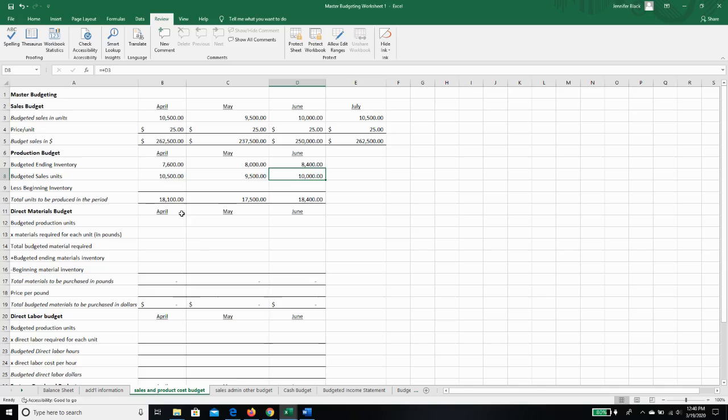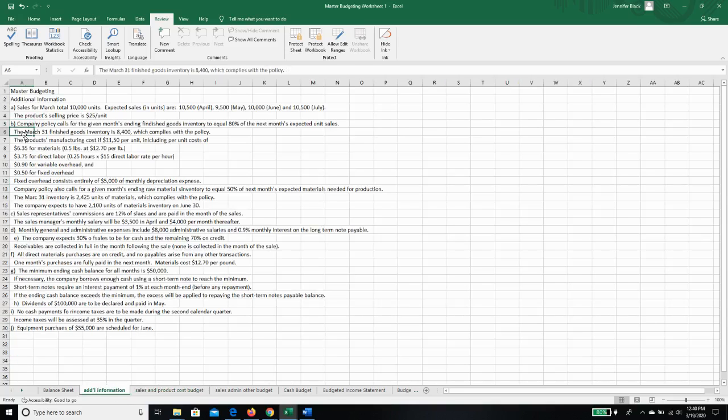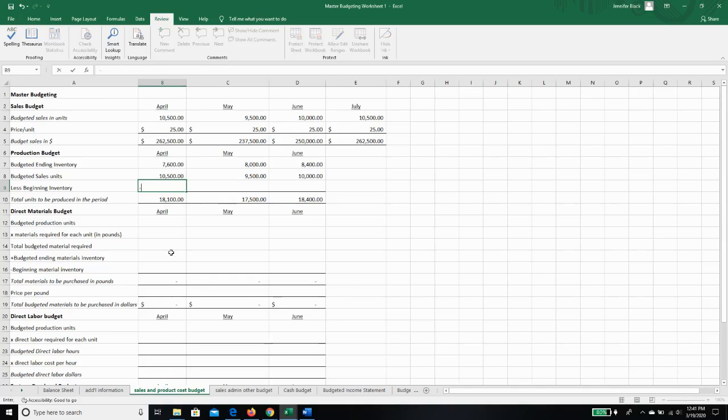Okay, then we have to subtract beginning inventory. So for April, our April beginning inventory is our March ending inventory. And in fact, it tells us that our March 31st finished goods inventory is 8,400. So I'm going to do minus 8,400. Okay.